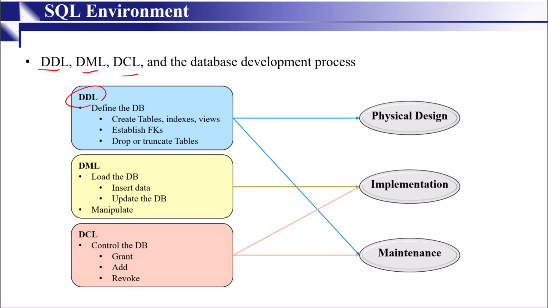We create tables, indexes, views, and establish foreign keys and primary keys. We can drop or truncate tables if needed. For example, we might create a table for products with columns like ID, name, price, etc. So DDL is connected with physical design and also with maintenance of our database.